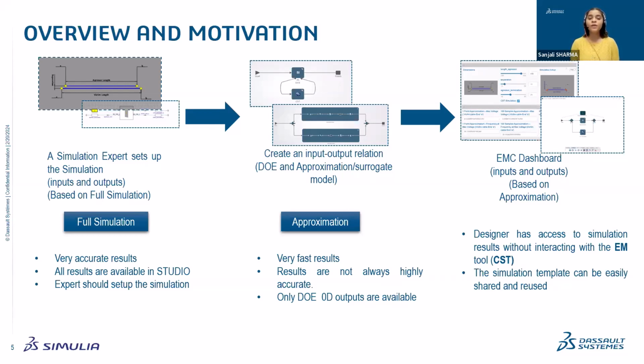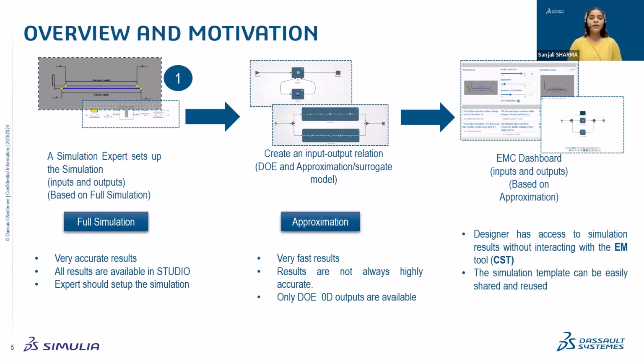And also the DOE that I talked about, the design of experiment, can only handle zero dimensional data, which means one point data. I'll talk more about it in the later slides, and this is going to serve as a challenge for us in the optimization process. So I'll show you how it is a challenge and how we can work around this.